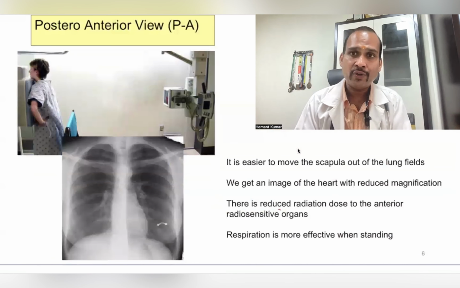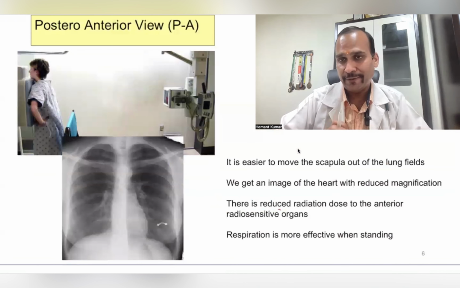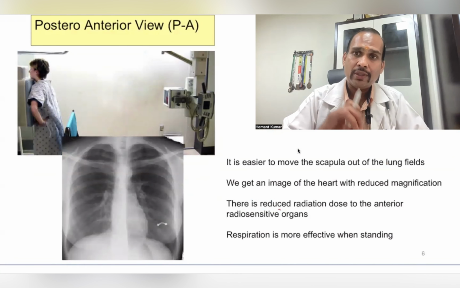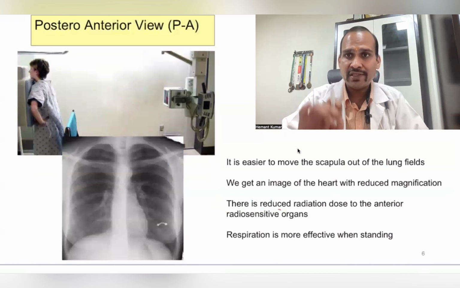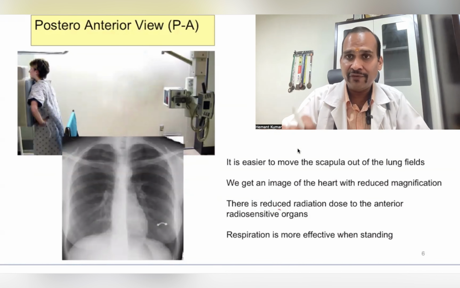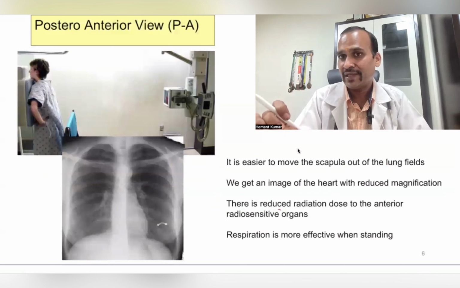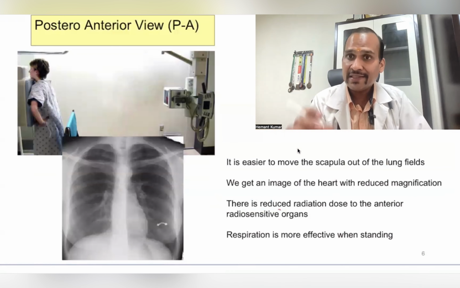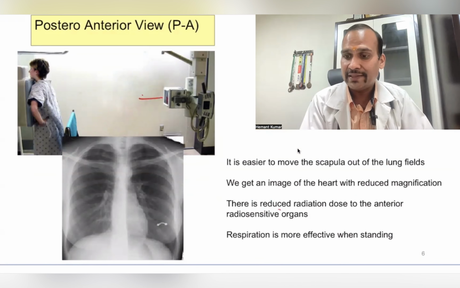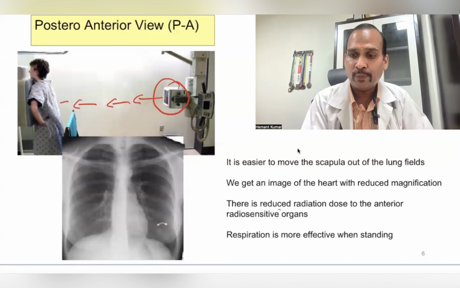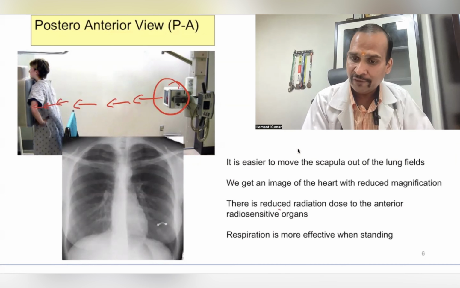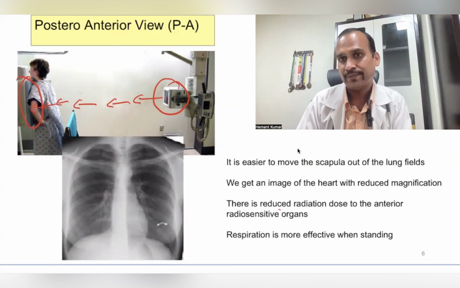Now, let's discuss what view we should take. As I told you, the posterior anterior view is the most taken and most useful view in the field of pulmonary medicine. In this, X-ray is coming from the back side. See, this is the X-ray tube. X-ray comes from the back side, hits the posterior part, travels through the body and comes out from the anterior side and falls on the X-ray film.